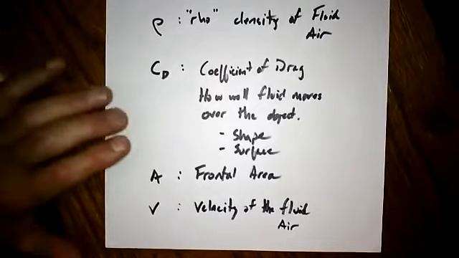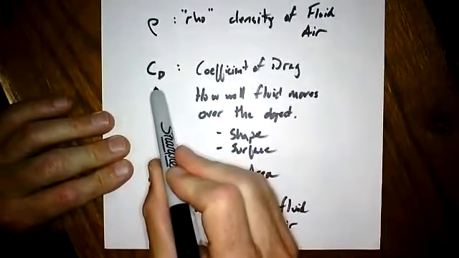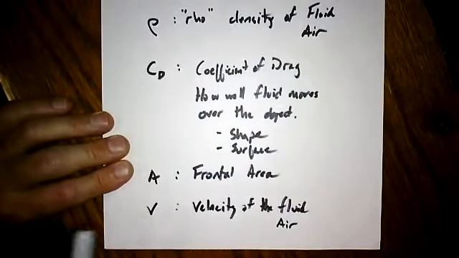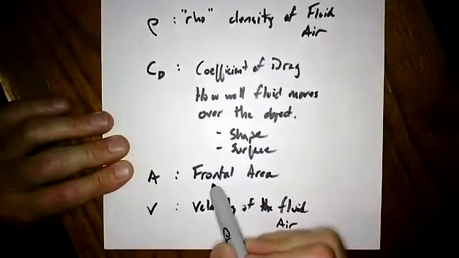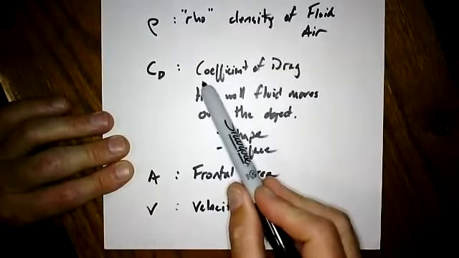All right, so something that's really important is in cycling, we typically don't calculate CD and A separately. There may be times that we do, but sometimes they're hard to separate out from each other. That's because if we change the frontal area, sometimes we end up changing the shape of the object, which will influence coefficient of drag.